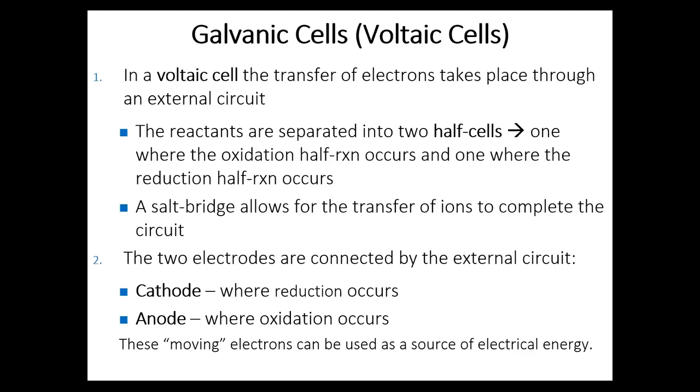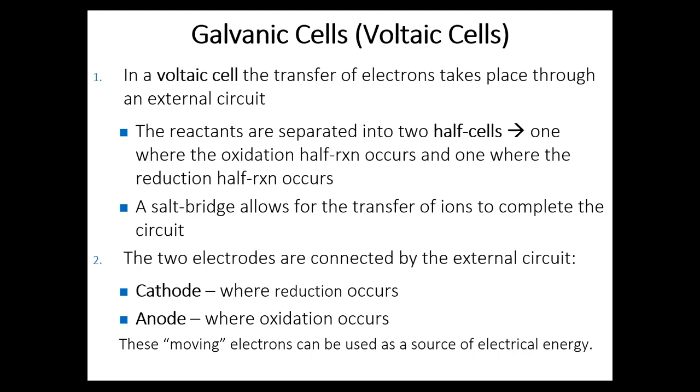So two chambers in a cell, one for oxidation and one for reduction. In other words, electrons are lost from one chamber and gained in the other. You can call it a chamber or a half cell.